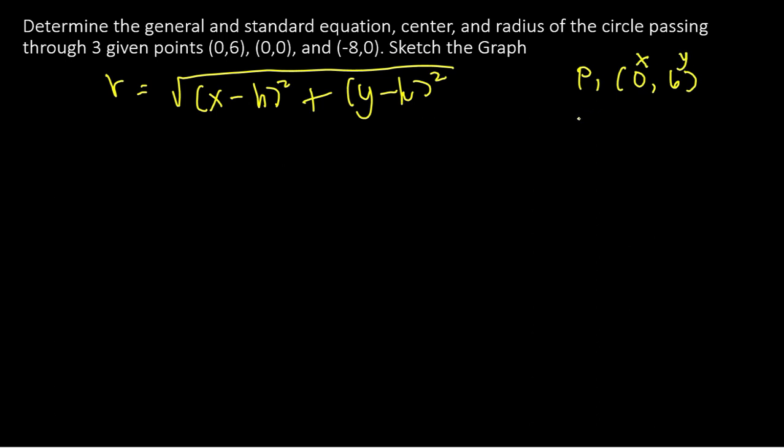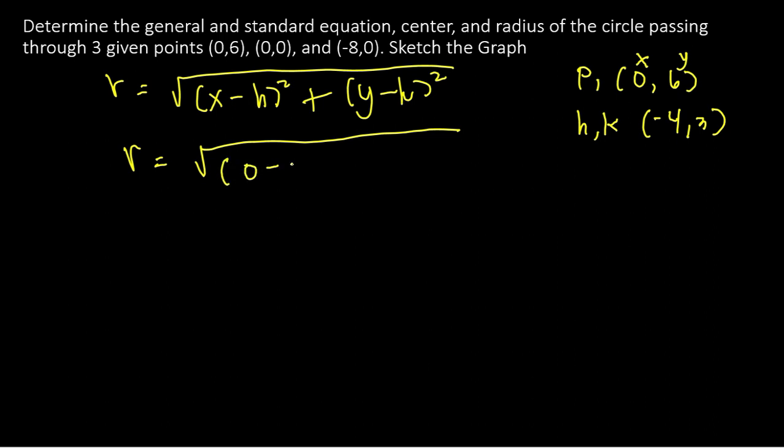So kanina yung nasolve nating hk, o yung center natin, ay negative 4 and 3. So ito yung isa-substitute natin. So we will have r is equal to square root of 0 minus negative 4 square plus yung ating y, 6 minus 3 yung ating k square.